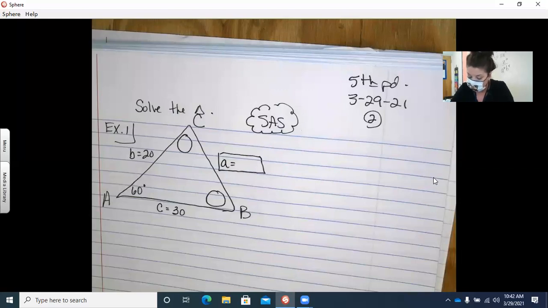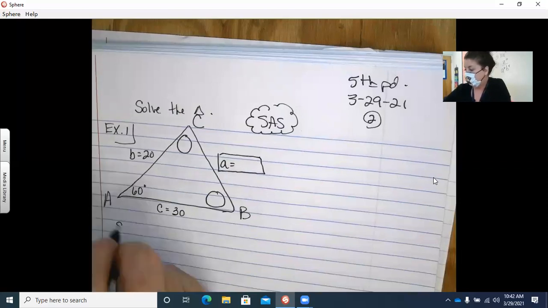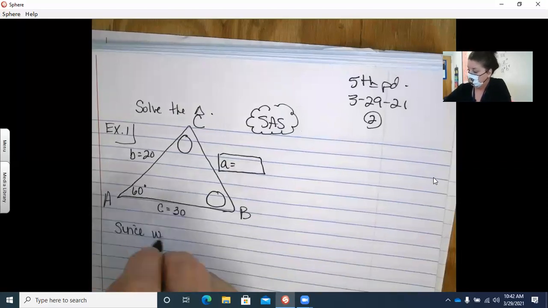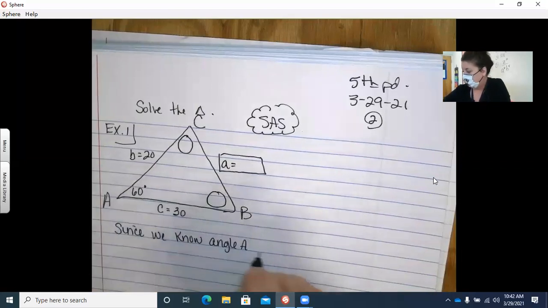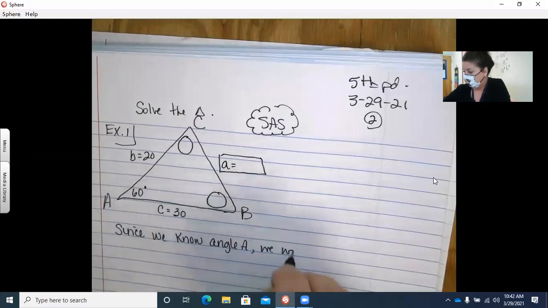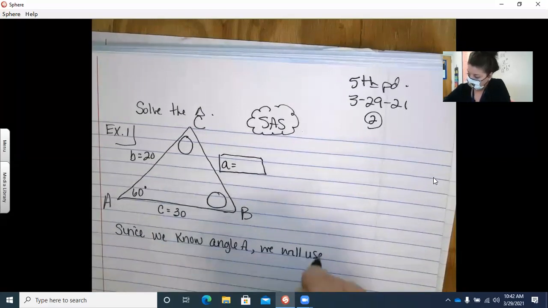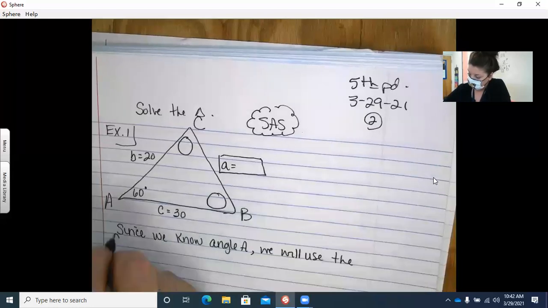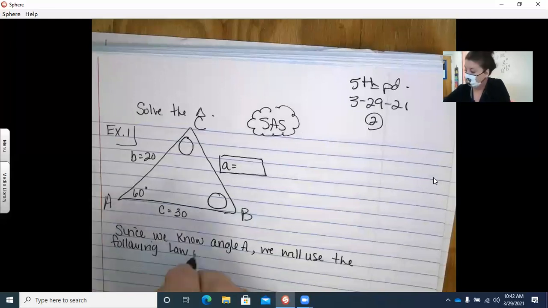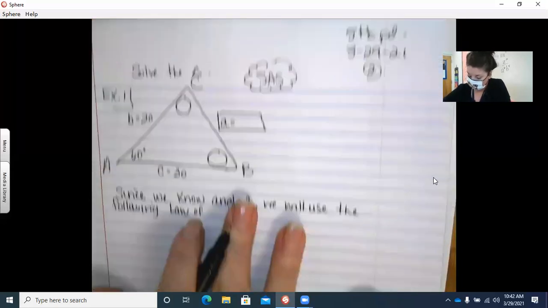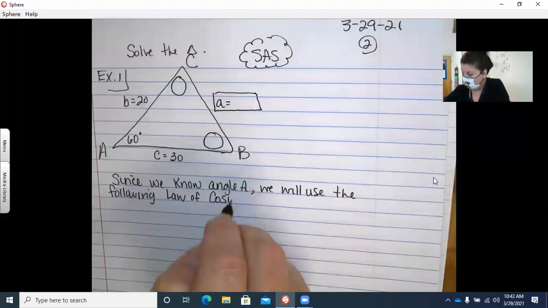So since we know angle A, I'm going to use the equation that had a squared isolated, okay? So since we know angle A, we will use the following law of cosines to find the side opposite the given angle.